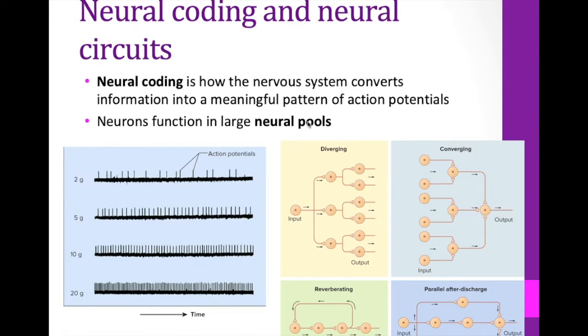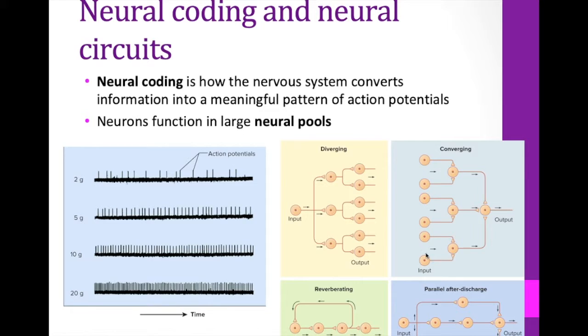And up until this point, we've really only looked at neurons with one presynaptic neuron and one or two postsynaptic neurons. But our neurons are really set up in pathways. So we can have diverging pathways where one neuron ends up sending information to 6, or converging pathways, which is the opposite.